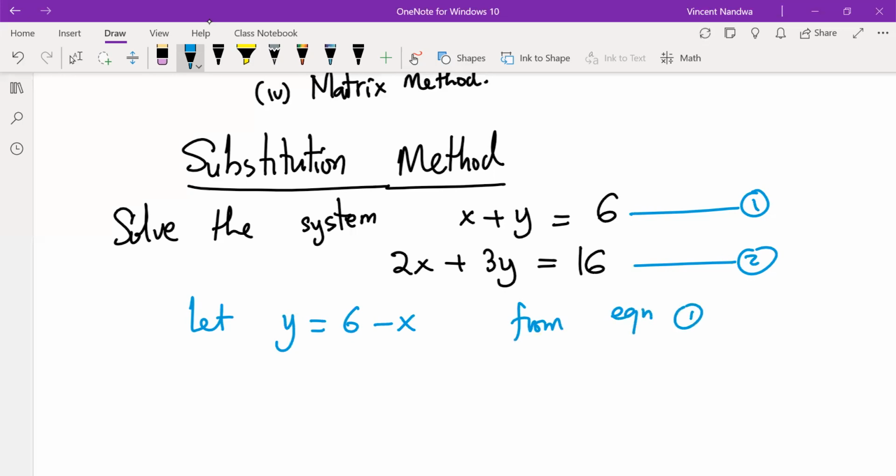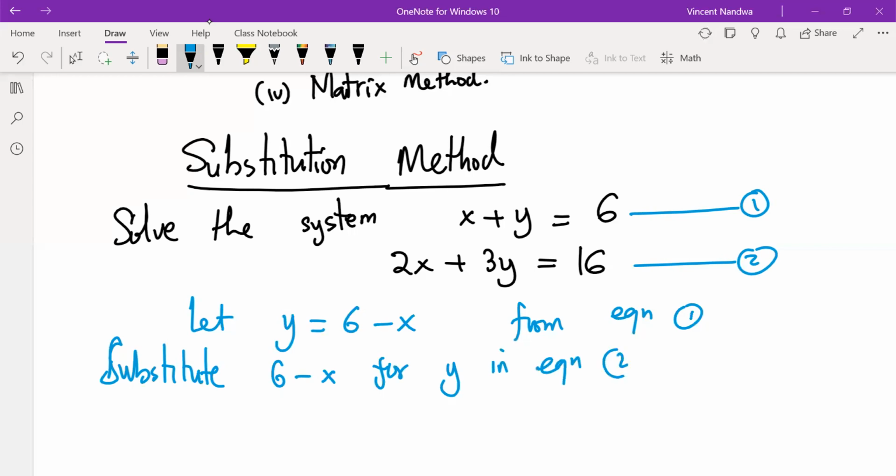Now, once you have the y expression from 1, replace it in the second equation to create a new equation that has only one variable x. So substitute 6 minus x for y in equation 2.